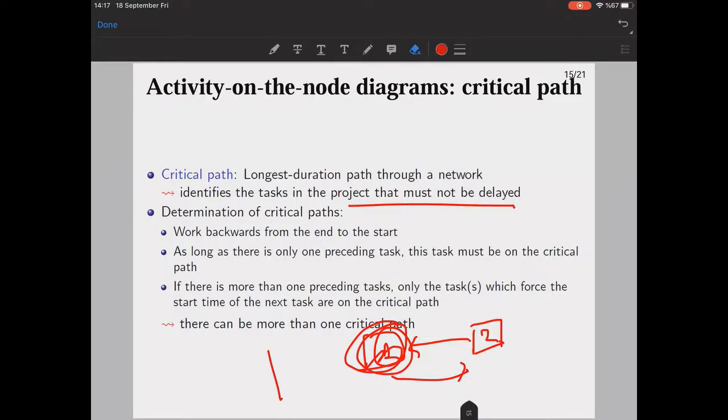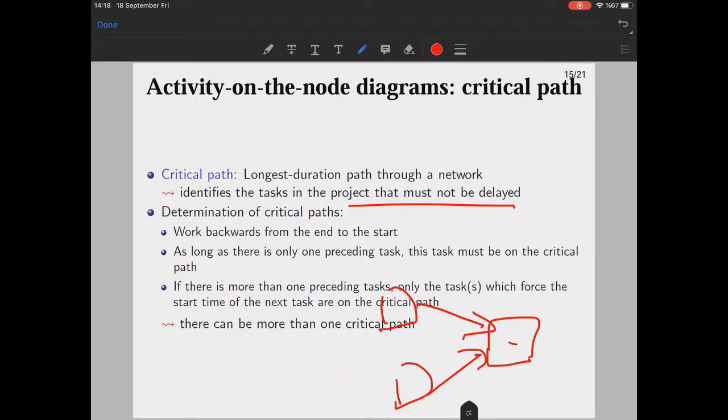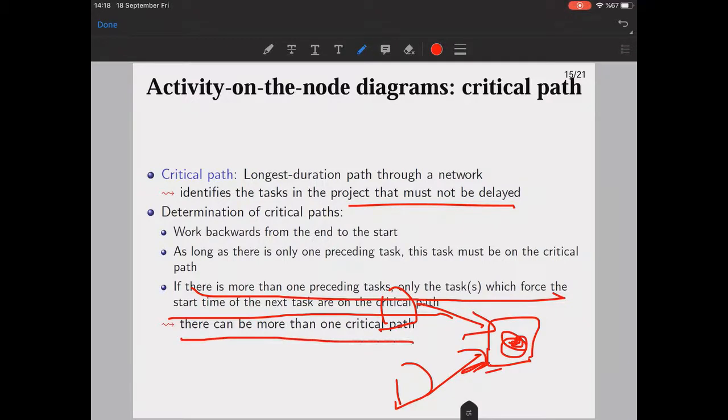But if there is a situation like this, where you have multiple options when going back, this one and this one, you see that there are two alternatives here. You take the longest one. If there is more than one preceding task, only the tasks which control the start of the next task are on the critical path. You can expect that there can be more than one critical path as well. It's also expected.